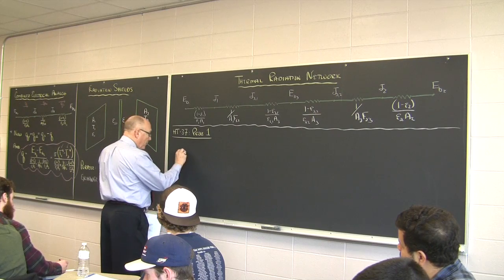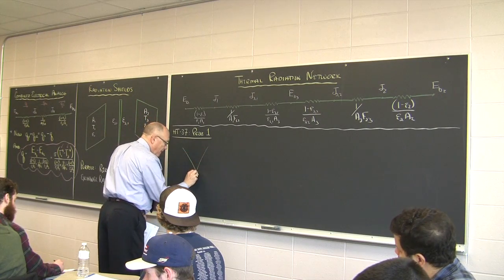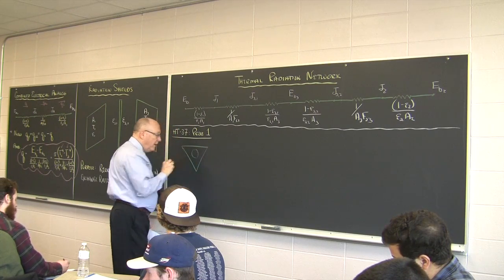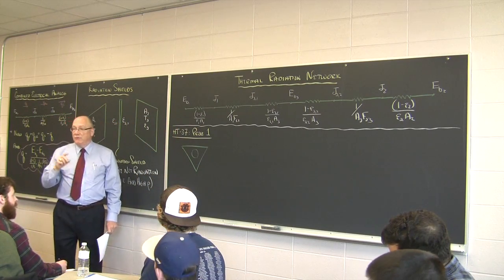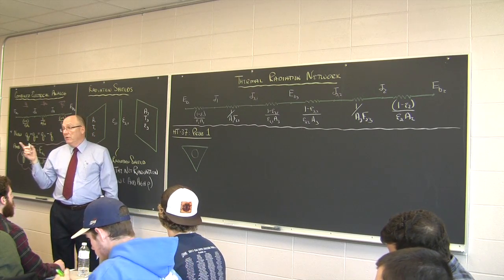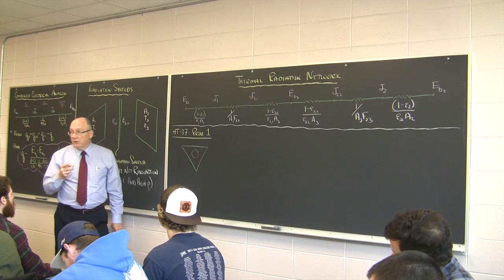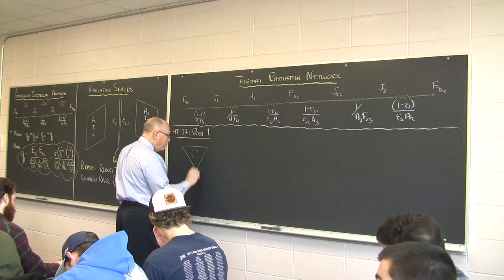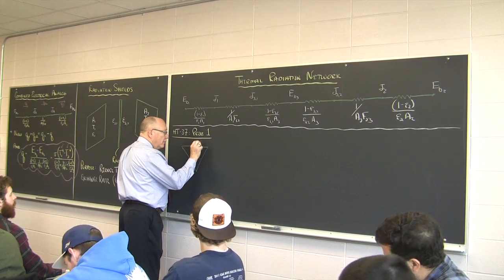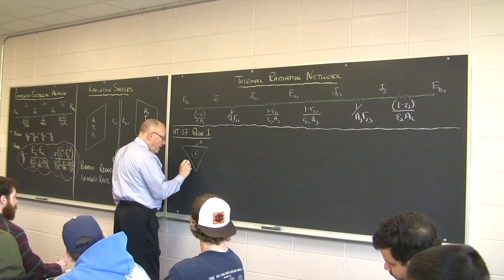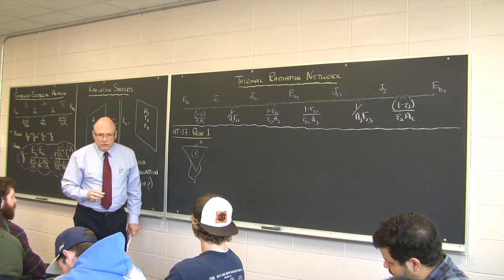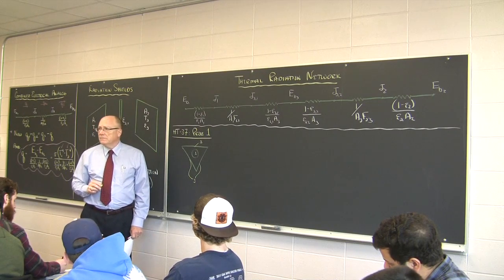This was a test problem, by the way, although the test problem actually had you find only the first part of the problem, which was to find the areas and the shape factors. Then you had to solve for the radiation exchange. All right, so this is surface 2. This is surface 1. No, excuse me. This is surface 3, surface 1, and these two were surface 3. And you were asked to find a bunch of shape factors. You've got 2 surface 3s.